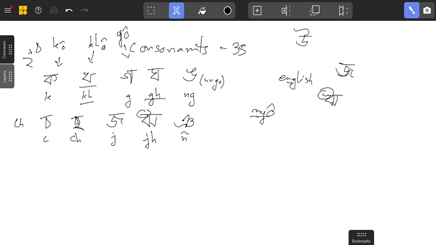Nya, nya. Cha, chha, ja, jha, nya. To make it easier, you should know that all these sounds are pronounced in the same part of the mouth. Ka, kha, ga, gha, nga.